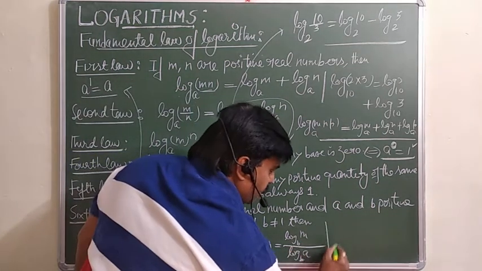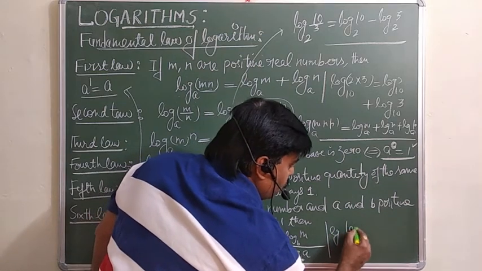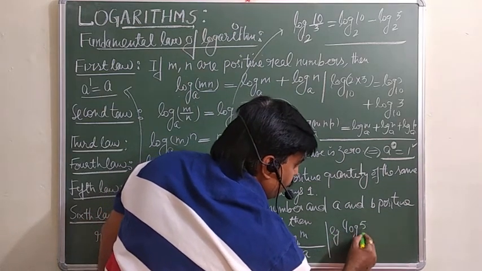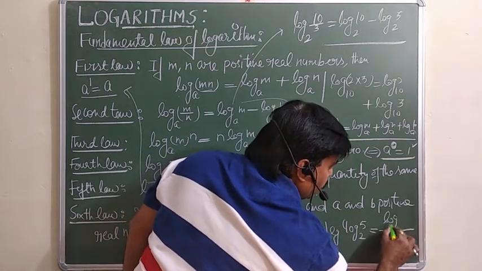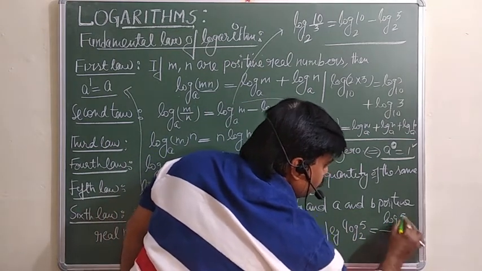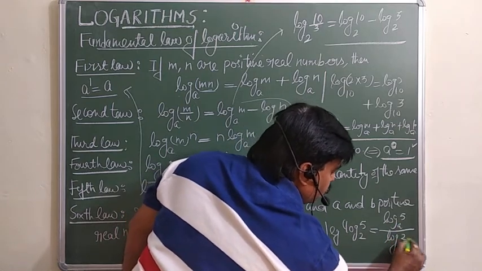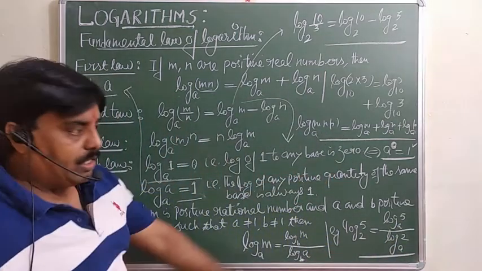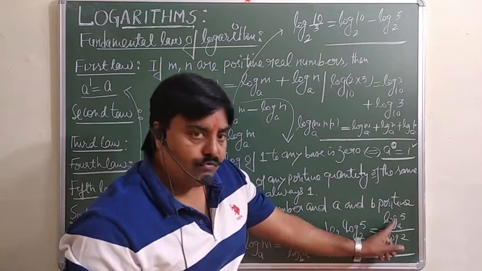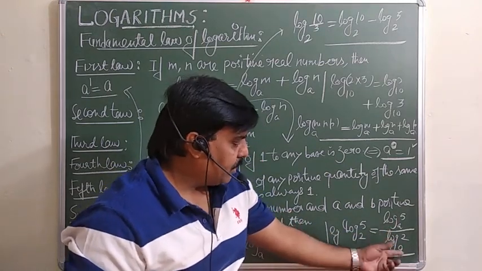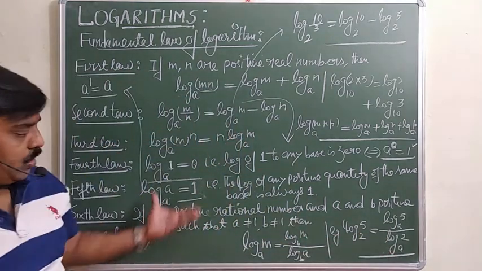Means suppose this is given, suppose log 5 base 2. So this can be written as, you can introduce the bases here, log 5 at any base, suppose a, over log 2 base a. You can introduce another base there, and this can be written in the fraction form, rational expression form is there only. Now have a look. Rest of the laws also we will discuss.